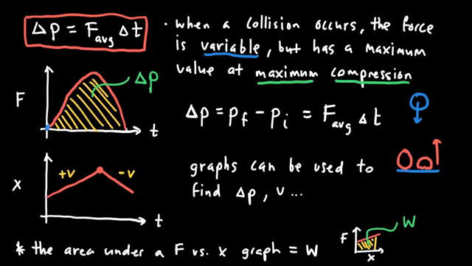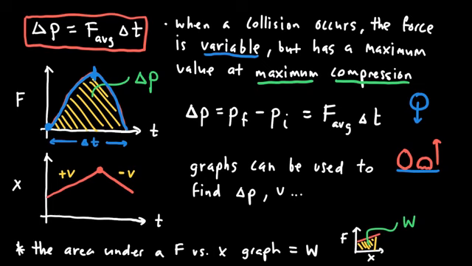As the ball comes into contact, the force exerted on that mat starts to increase up to a maximum point, where the ball is compressed the most, and then as it starts to get decompressed and shoot back up into the air, the force will decrease again. So clearly this collision occurs over some time interval delta t, and the force is variable.